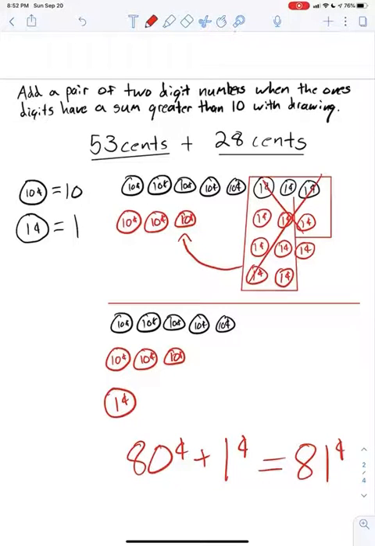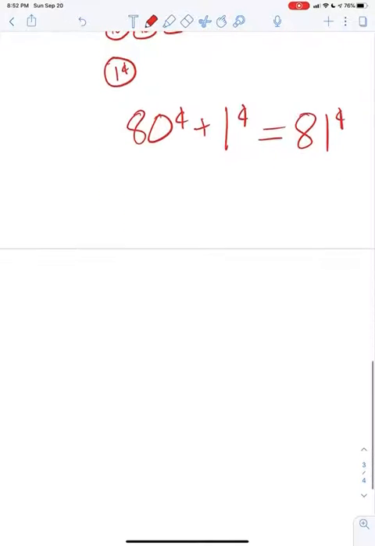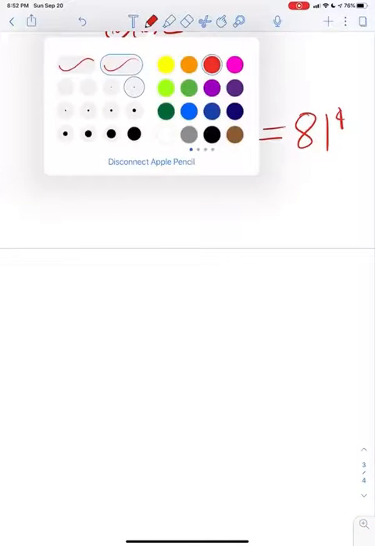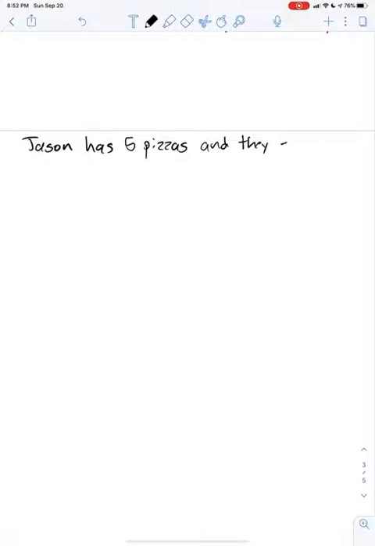Now the other way I want to show you is if we're doing a word problem. So, Jason has 5 pizzas, and they each have 10 slices.